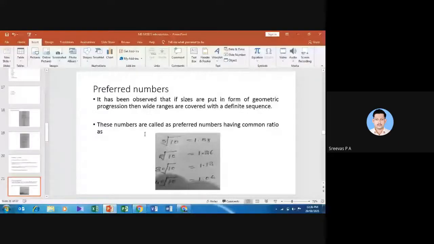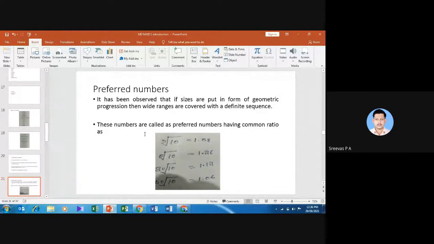Fifth root of 10, the numerical digit 10, its power raised to 1 by 5. So you will get it as 1.58. It is the common ratio of the R5 series of preferred numbers.